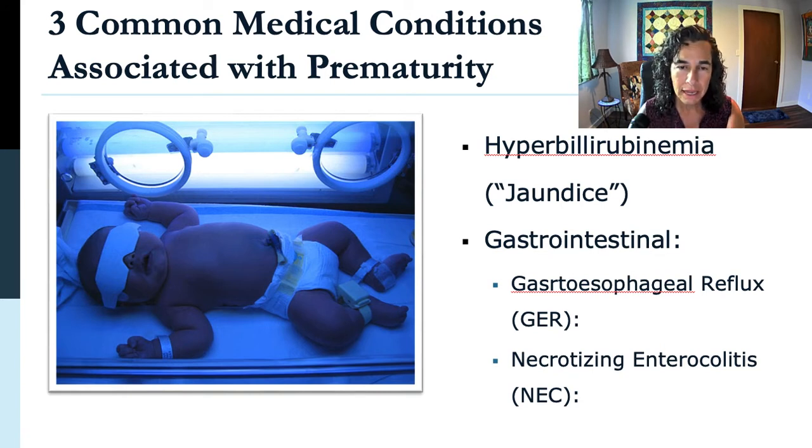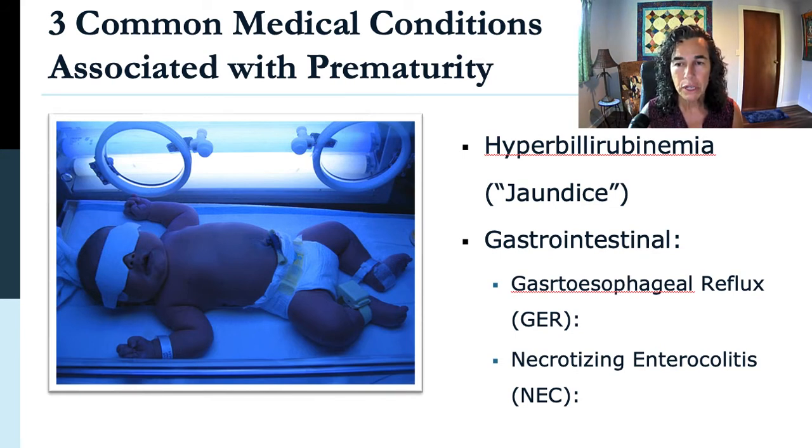And as you can see, the baby's eyes are protected, but they're being treated. So jaundice is an issue, and often if a child is a little bit premature, they might have some jaundice, but it corrects on its own. What we're talking about is jaundice that leads to anemia or other more serious health conditions.